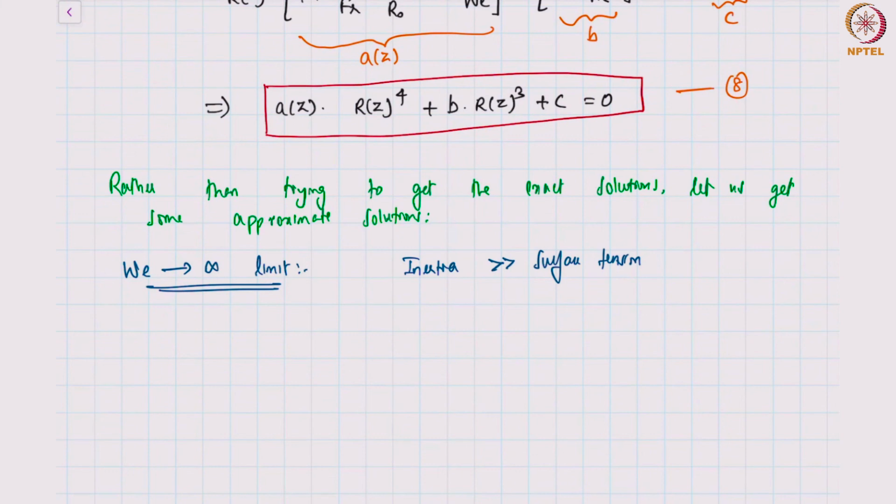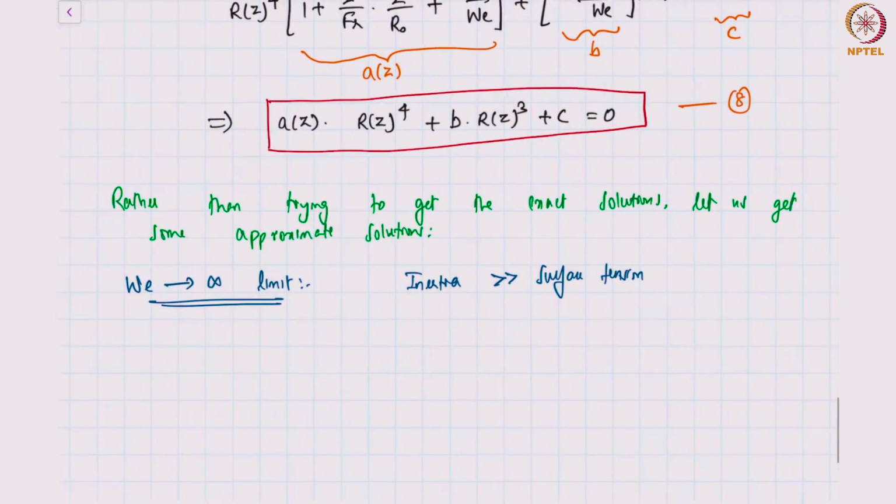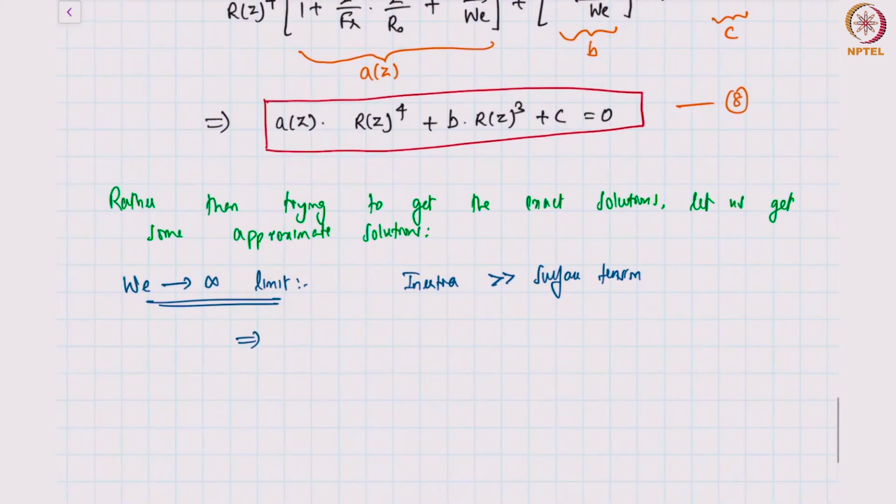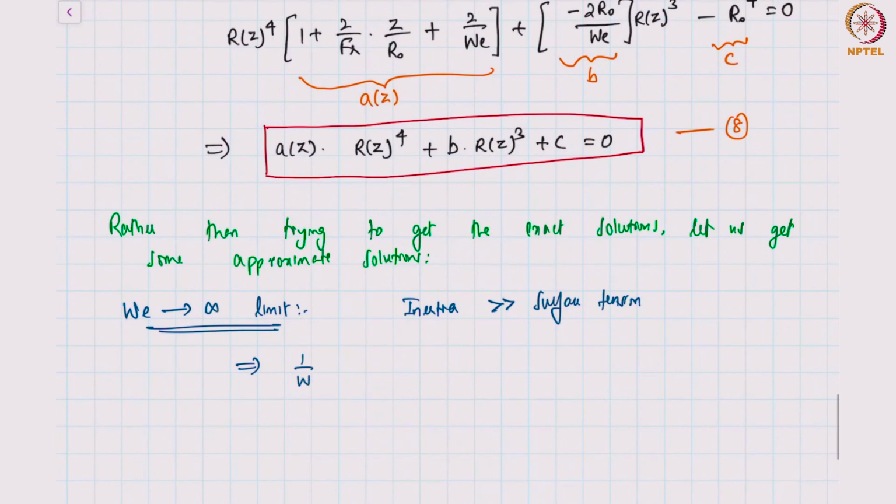So if we do this, since Weber number is large, this automatically means 1 by Weber number is very small, basically goes to 0.